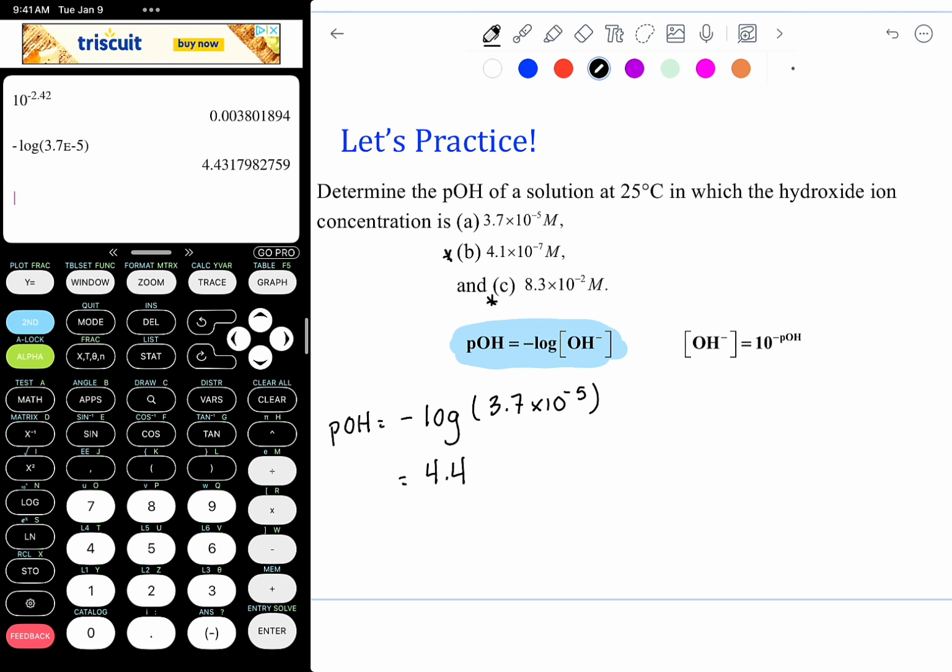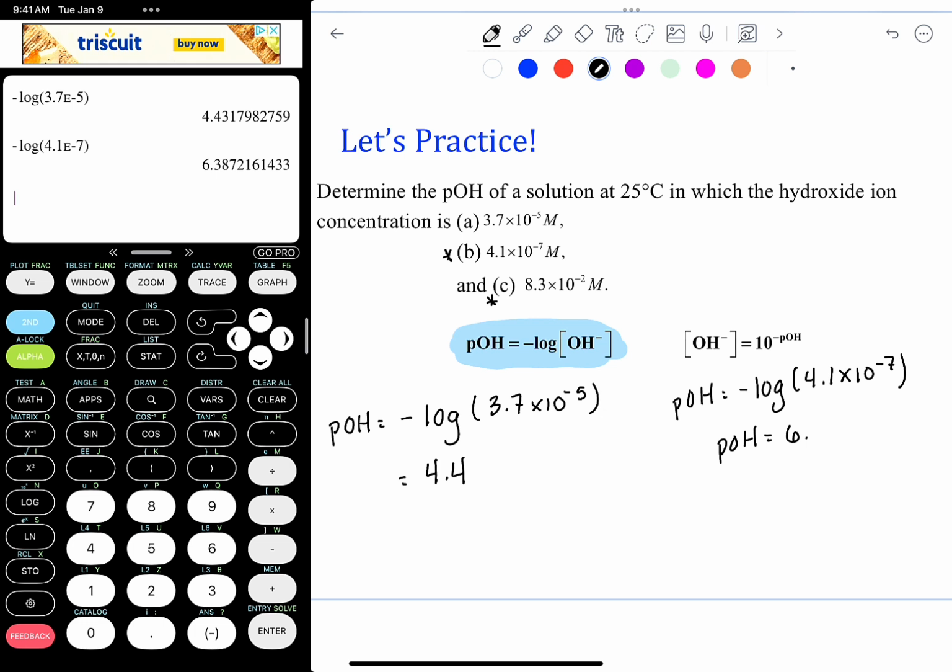We'll set up B and C in the exact same way. So pOH is equal to the negative log of 4.1 times 10 to the minus 7. And we get a pOH that is equal to 6.4.